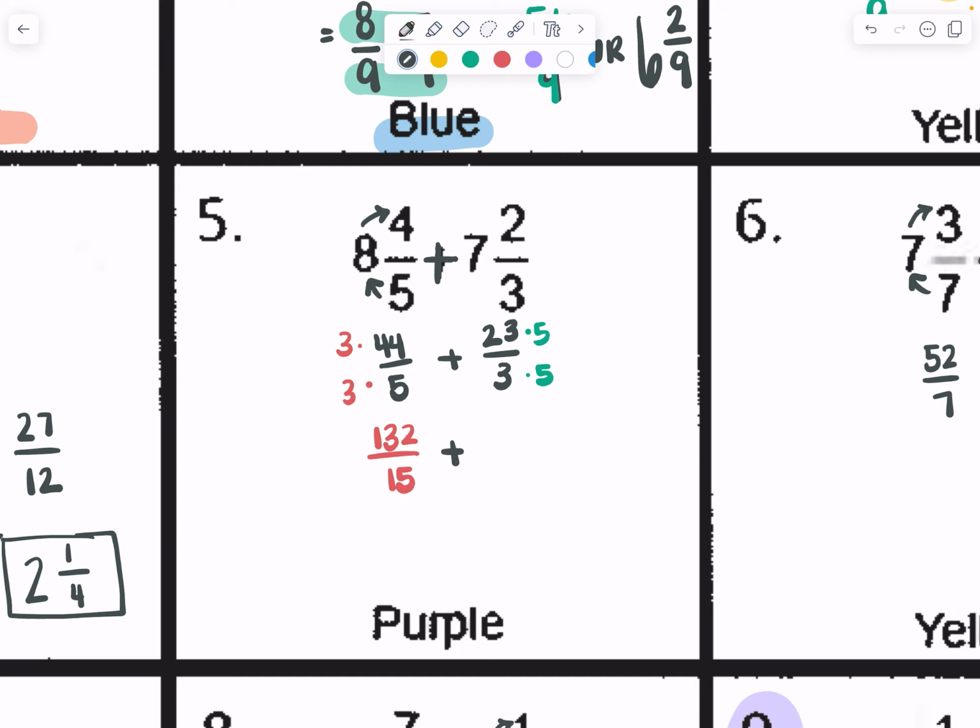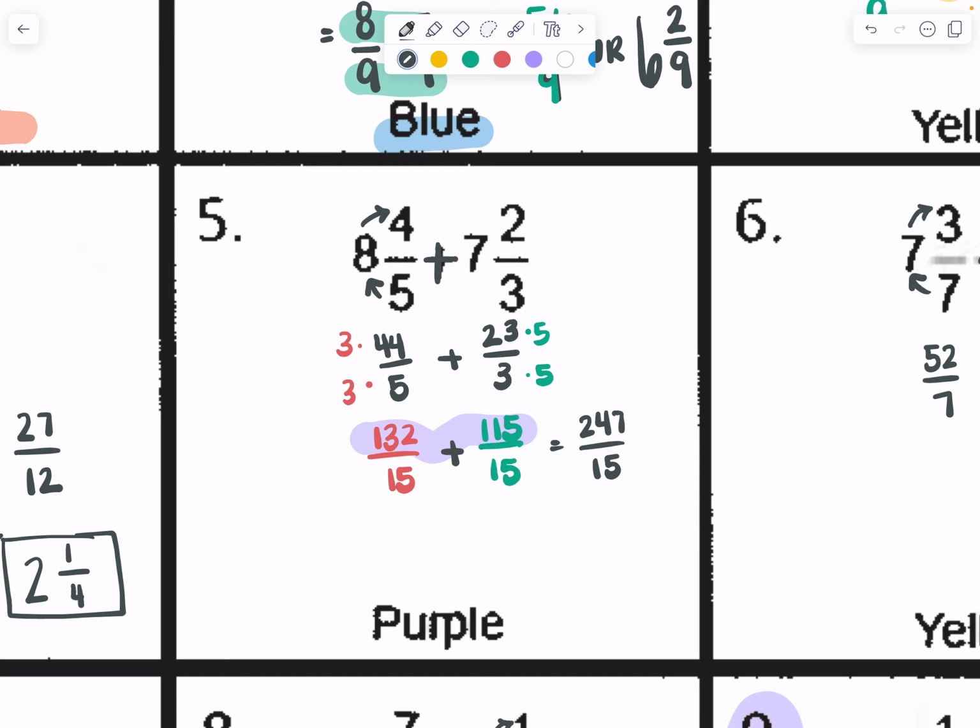Plus, I'm going to convert the other one. 23 times 5 gives me 115 over 15. 3 times 5. Now I can add up these numerators. 132 plus 115 is going to give me 247 over 15.